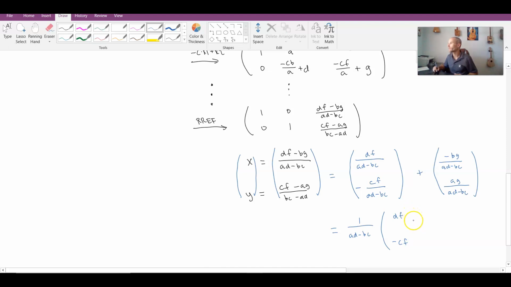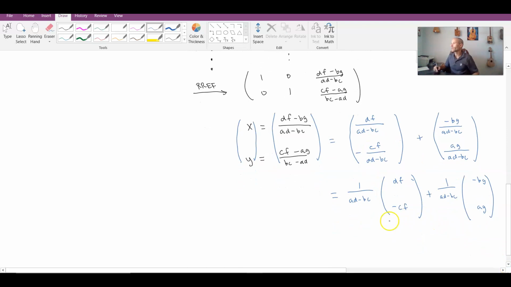I suppose I could also write 1 over AD minus BC here times negative BG and AG here. And we're getting closer to seeing that this is really the coefficient corresponding to that determinant.